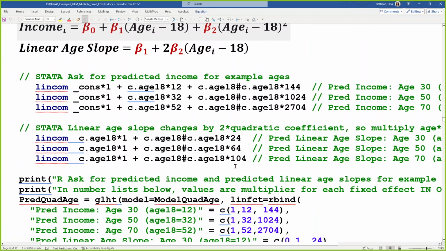Cool. And then here's some code to generate predicted outcomes. In Stata, you can do this with lincom. These are predicted outcomes for anyone who is 30, 50, or 70, the example values. These are predicted linear slopes at those same ages. What would the slope be at 30? If I kept following the curve, what would it be at 50? At 70?